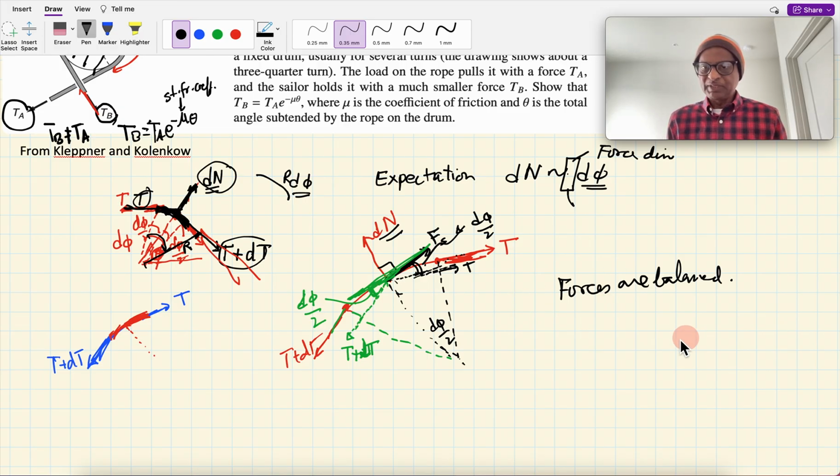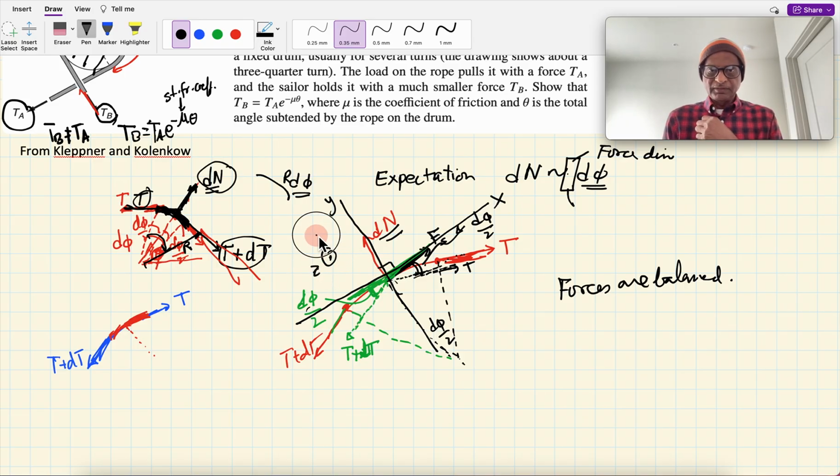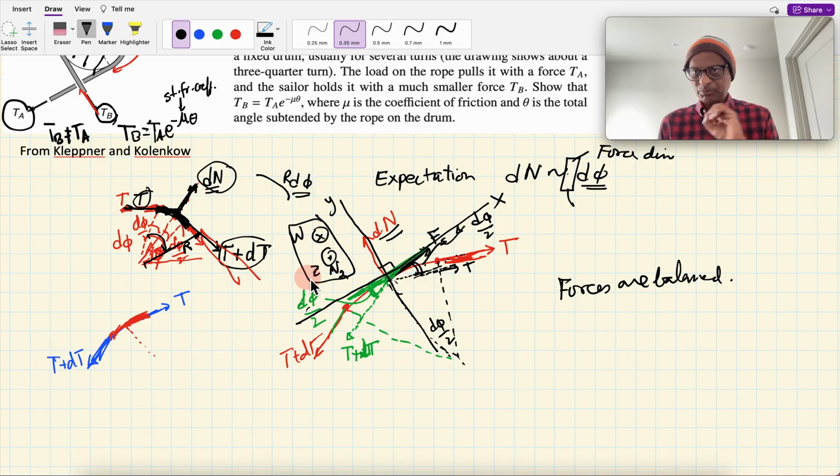Then we just need to get x and y. This can be our x, and this can be our y, and of course the z is coming out, and that's the way gravity is. There is also a normal coming out, and these are balancing on the z-axis, which is not important here because everything is perpendicular to gravity.